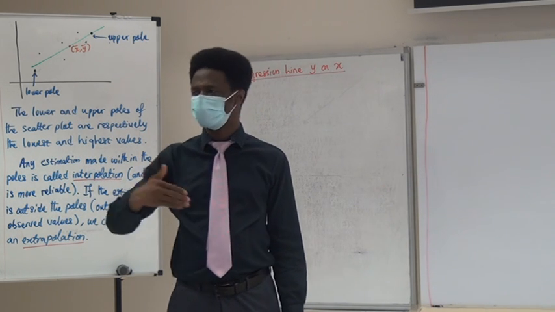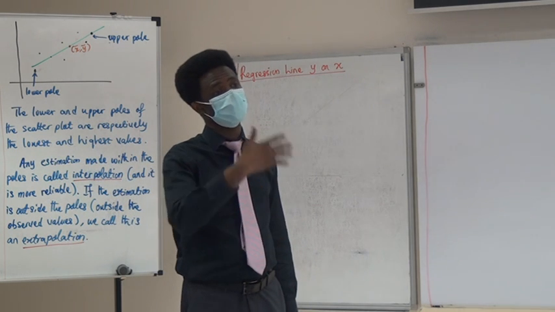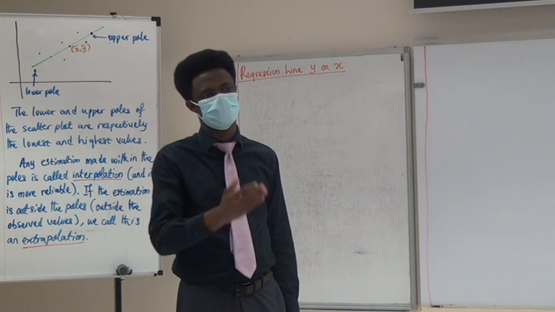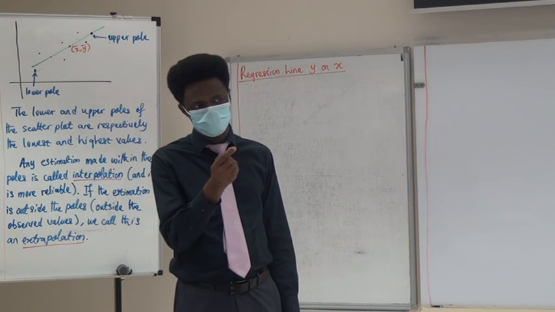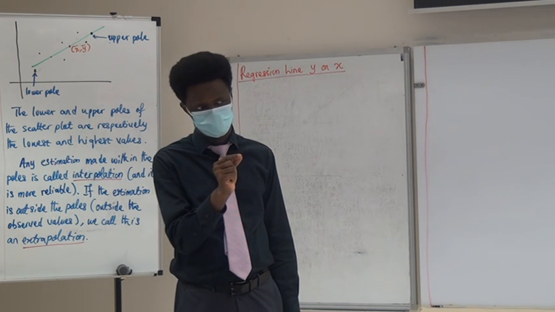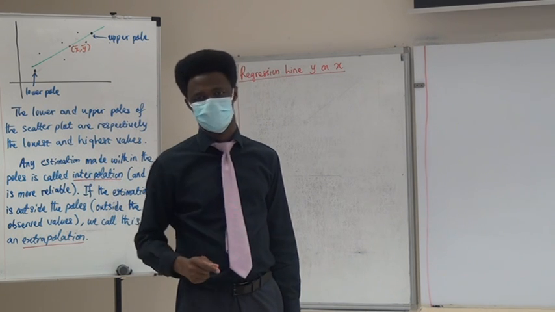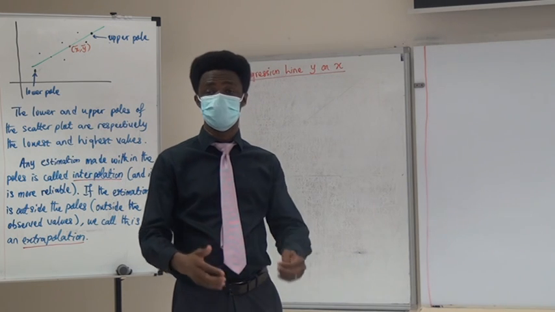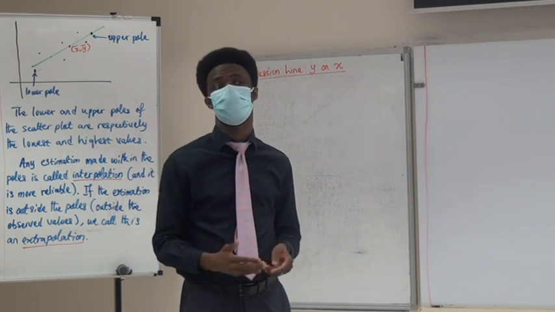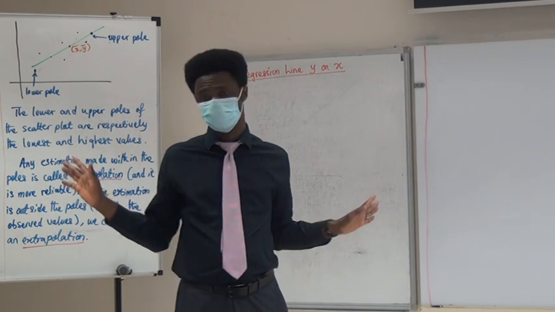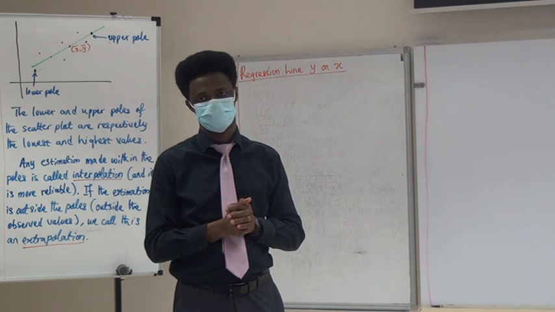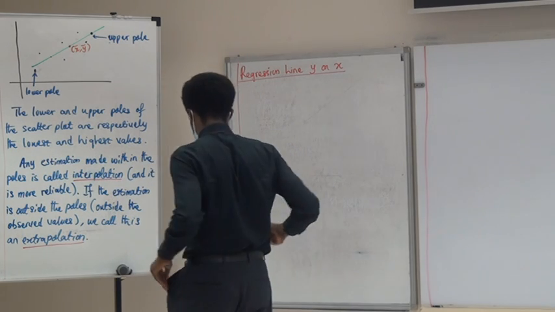Each of us puts our feelings and experience into it, so we will draw the line a little bit differently. Maybe the margin may not be much, but that still doesn't make it right. So a better way, a more objective approach which has nothing to do with anybody's feelings, is the least squares approach. Now, how does this work?